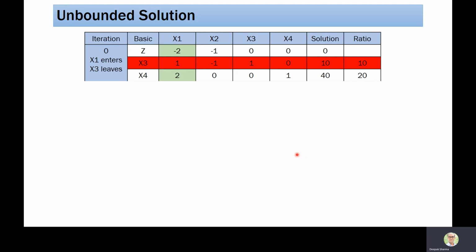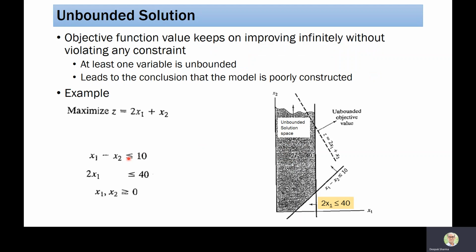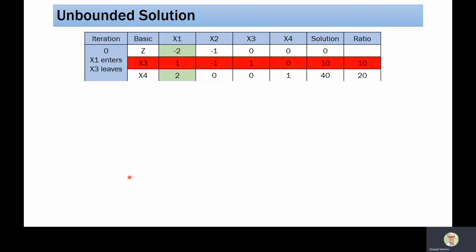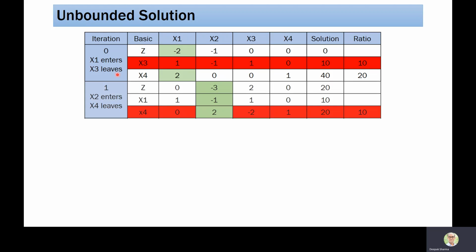Here in the previous example, we are adding a slack variable x3, and here we are adding a slack variable x4. So we know x3 and x4, and we have drawn the table. Since it is a maximization problem, -2 is going to enter, meaning x1 is going to enter, and based on the ratio, x3 is going to leave.